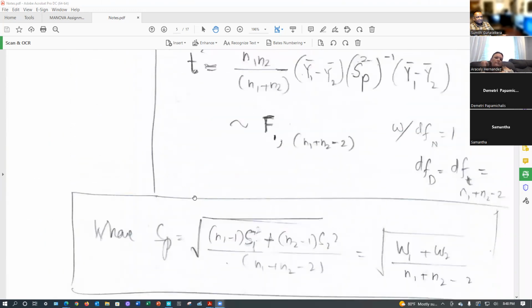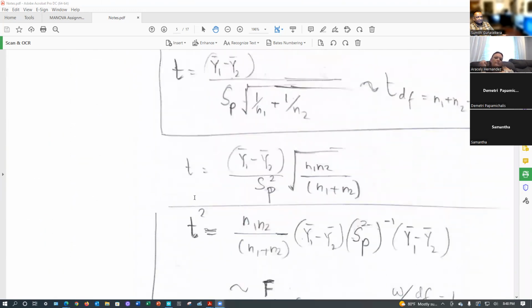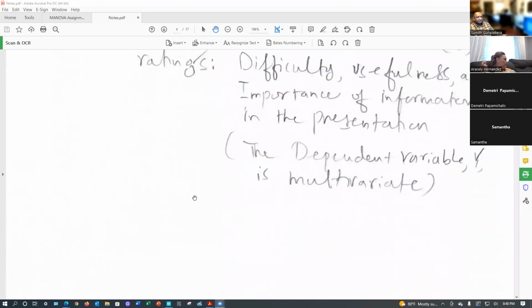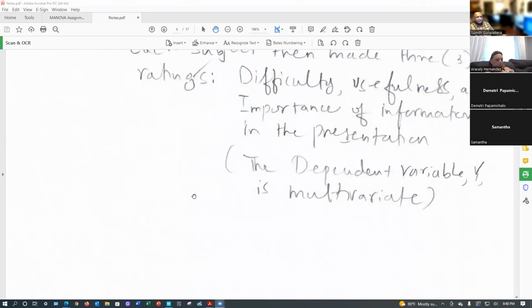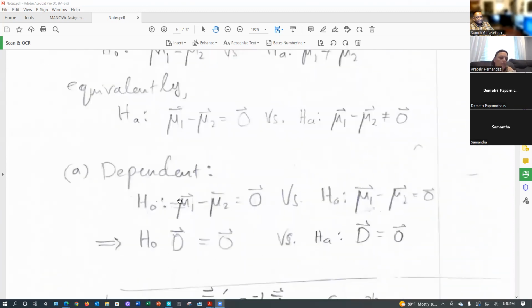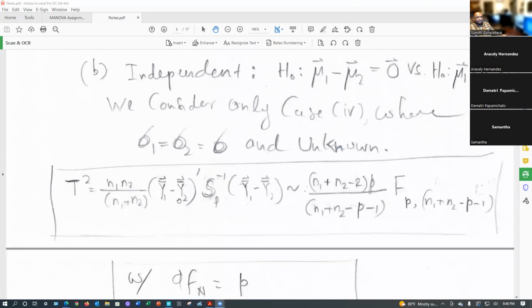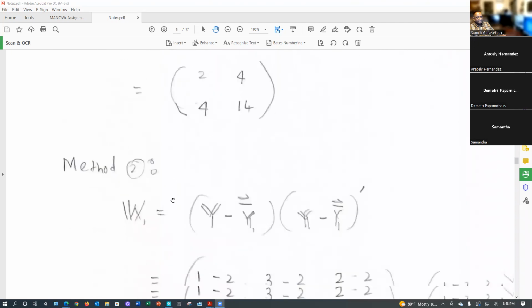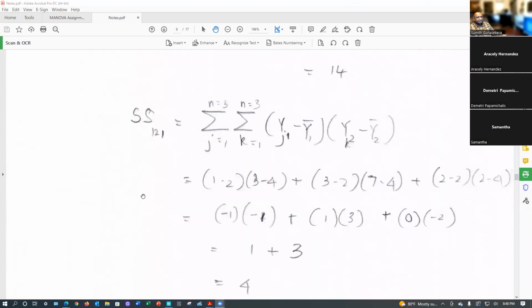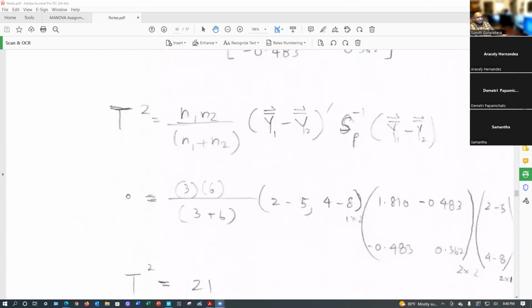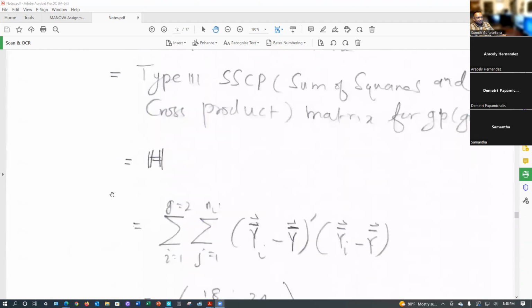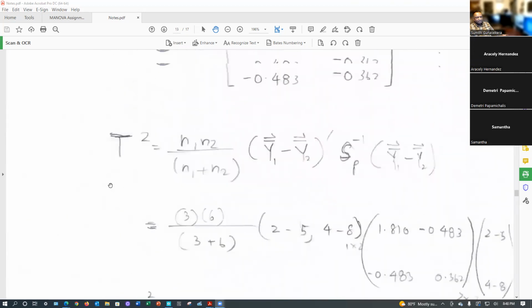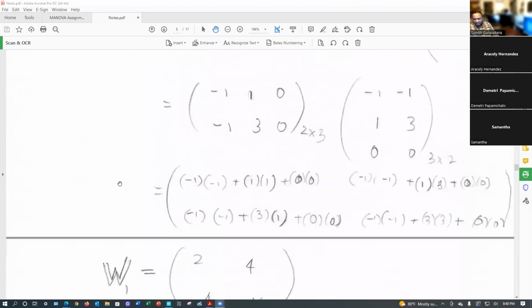Okay, I think something is missing here. Some pages are missing. Let me see.